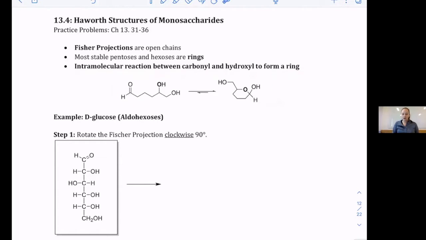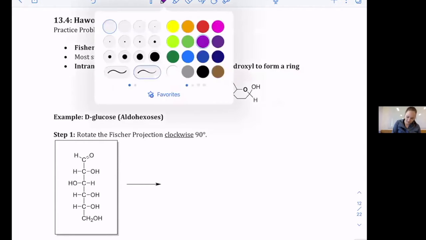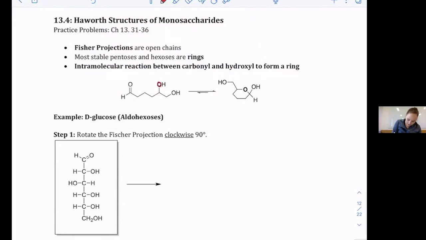We've been drawing Fischer projections, straight chain, but what really happens is this oxygen here, maybe we'll do red, this oxygen attacks this carbonyl carbon and forms a ring. So we have that oxygen there, overall forming a ring.